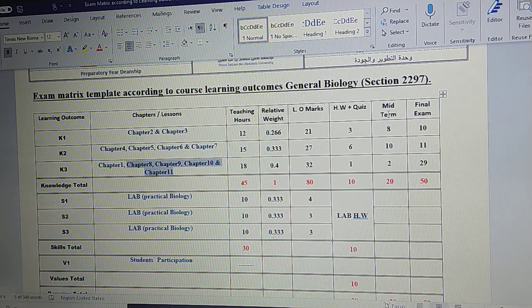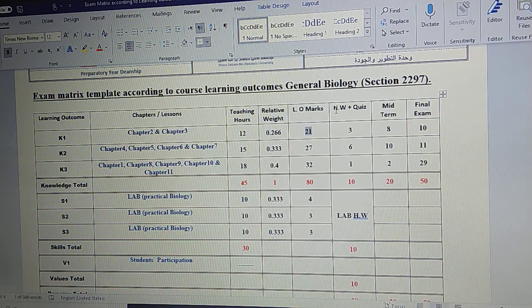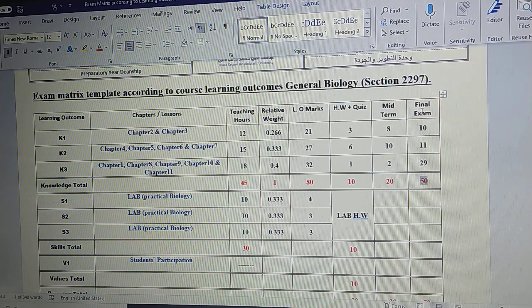For example, I will just include chapter 1 here. It is 2 marks, for example. So we have two standards we depend on when we distribute the learning outcome marks on the different assessment methods. The first one is the bulk, how much this assessment method is represented for the course by marks. And the second standard is the timetable of your teaching plan.